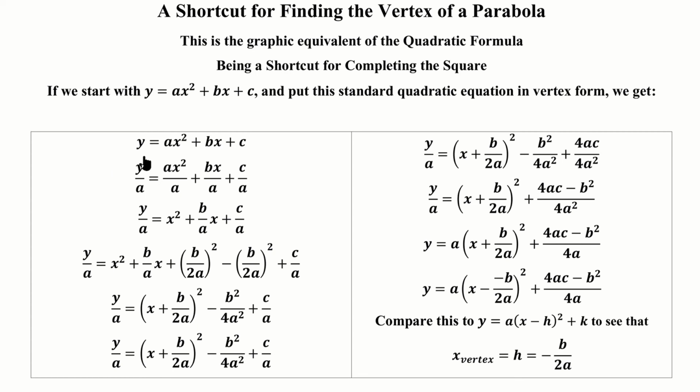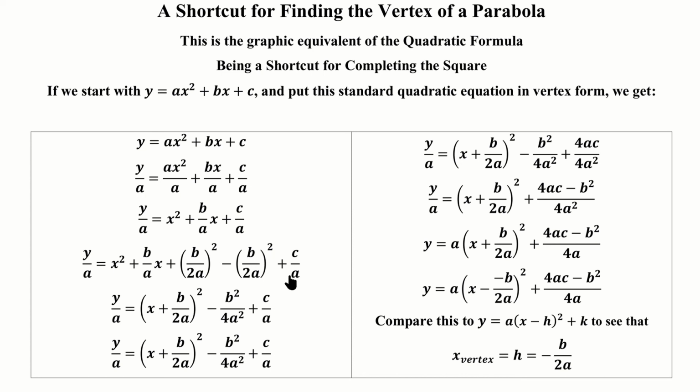So we'll go ahead and divide both sides by a to make the coefficient of the x squared 1, and we end up with y over a equals x squared plus b over a x plus c over a. Now we're going to complete the square, so we need to take half of this coefficient. That means multiply it by 1/2, so we get b over 2a. We need to add that, and remember we subtracted right away.